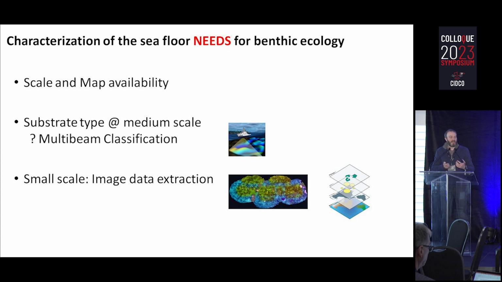And then when we work at small scale instead, we'd like to have a nice workflow for data extraction, because that will speed up the data extraction process for us, and so we can analyze our data faster.